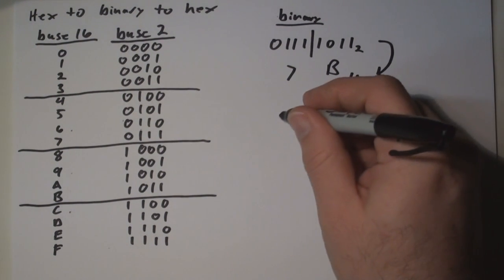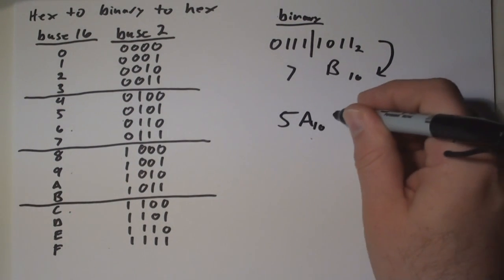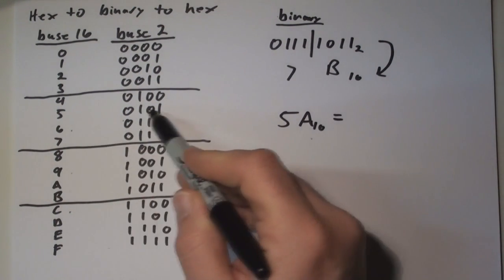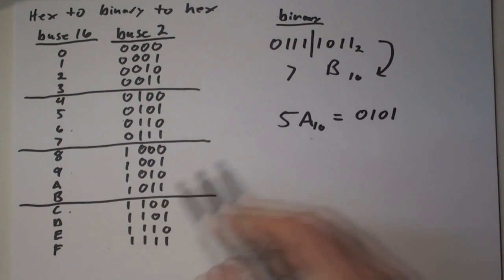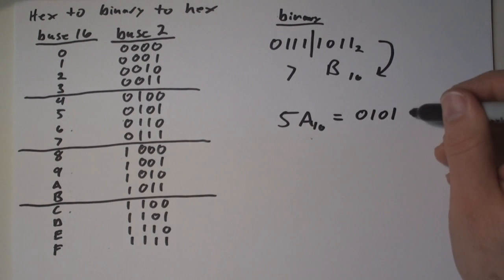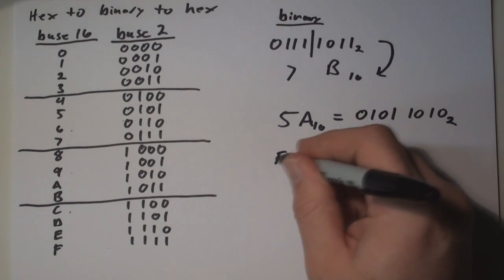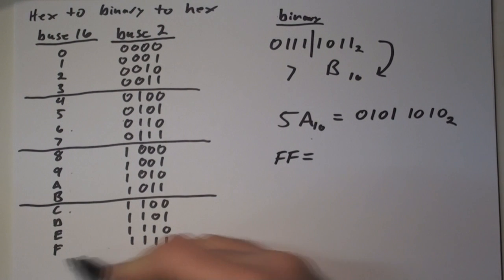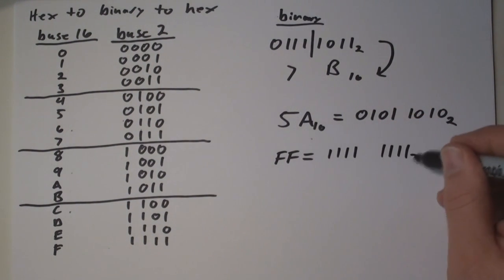And now I'm going to go the other way. I'm going to start with 5A base 16. I'm going to look up 5, which is 0101. Then I'm going to look up A, which is 1010. And now we've converted the hexadecimal number 5A to the binary number 01011010. So now I'm going to do base 16 FF, which is easy. It's just a bunch of ones.